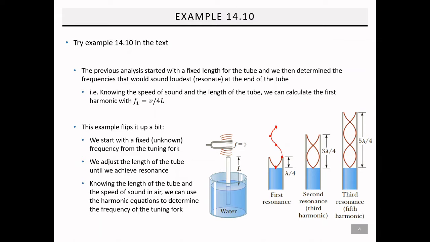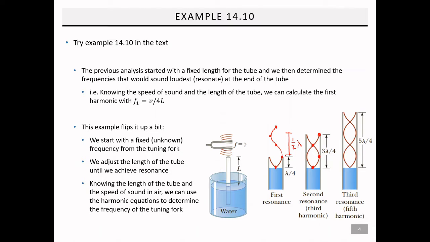When we go to the second resonance, we have that node at the bottom, and we have an antinode at the open end, but we also have another antinode and node pair in the middle of the tube. When we go from the first to the second resonance, we increase the length of the tube by 1/2 of a wavelength.